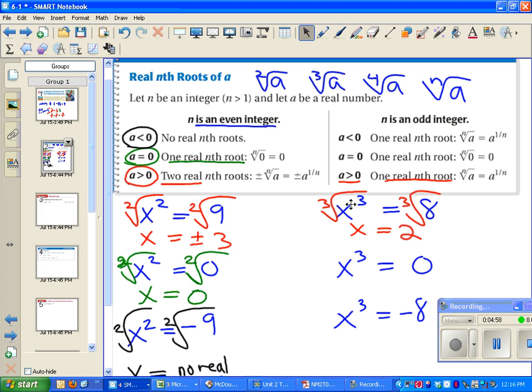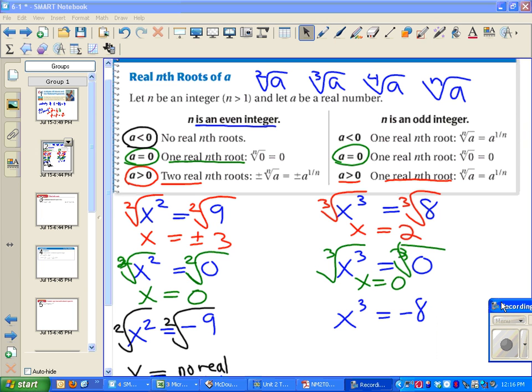All right, if I go to the next one, x cubed equals 0, if I take the cube root of both sides, then x is going to be equal to 0. So if the thing under the radical is 0, then we have one real root and it's just 0.